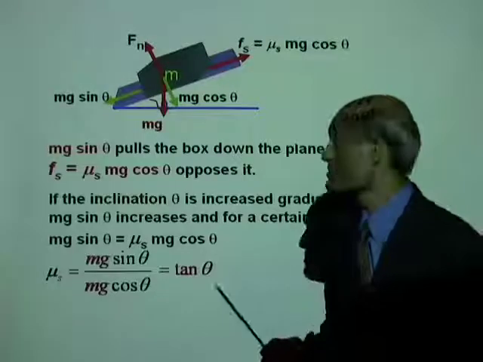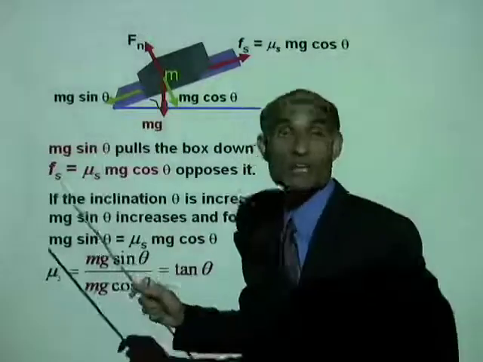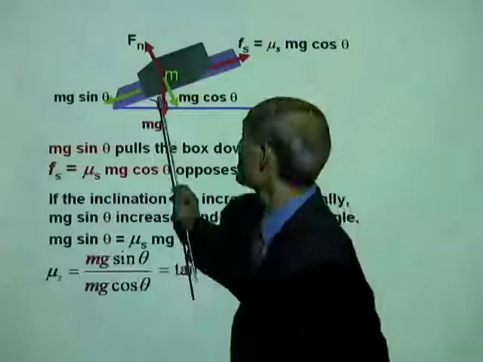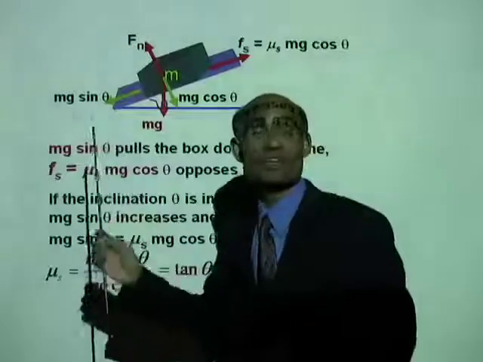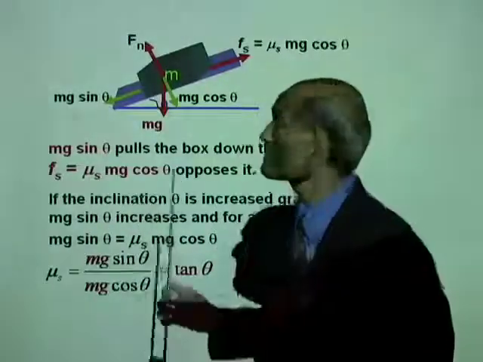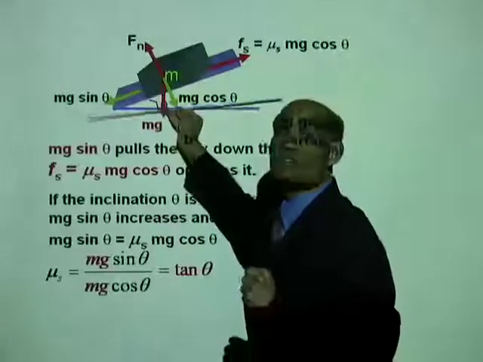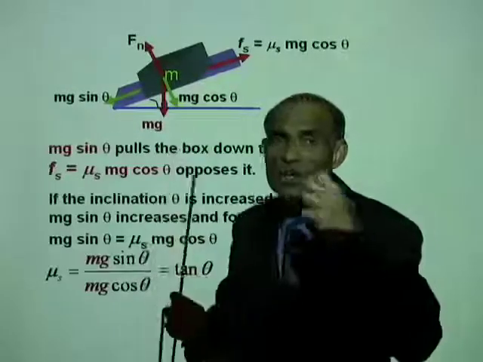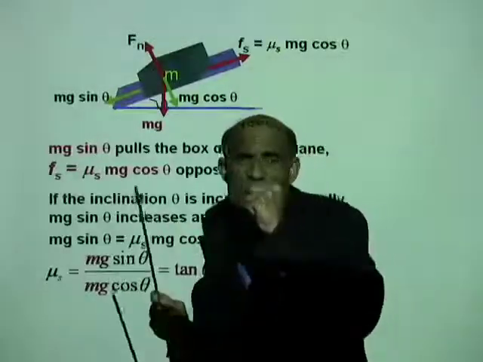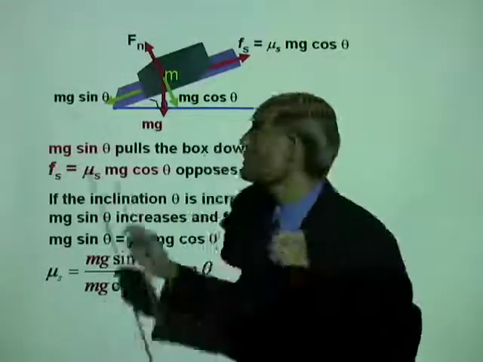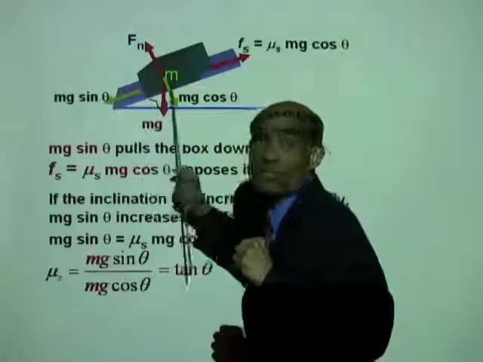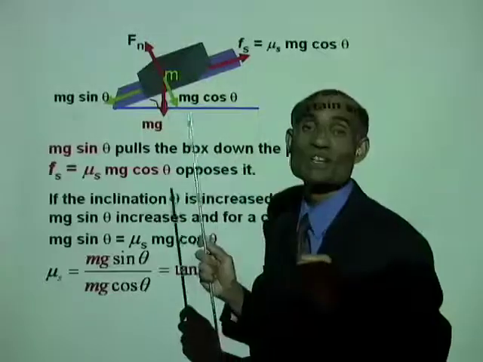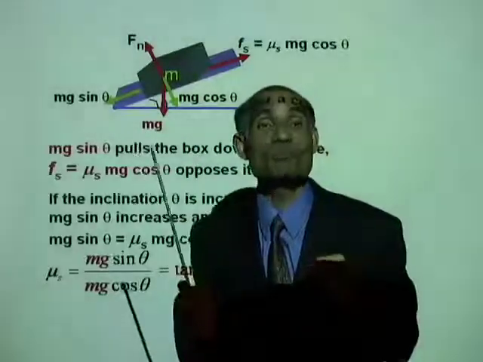That's right. So, if you want to find the coefficient of static friction between the two surfaces, all you need to do is keep on increasing the angle of inclination until the block just begins to break loose. That means the downward force just balances the frictional force opposing motion.